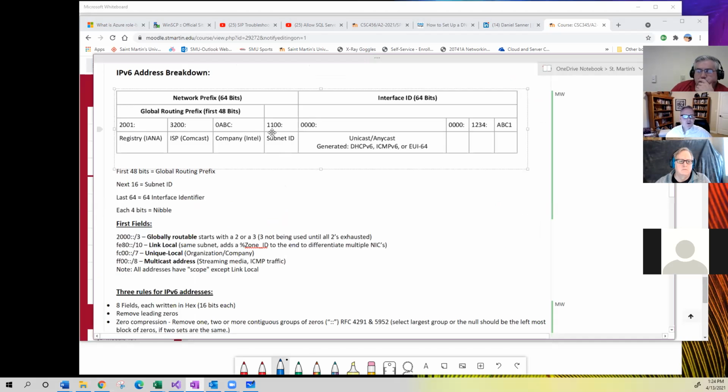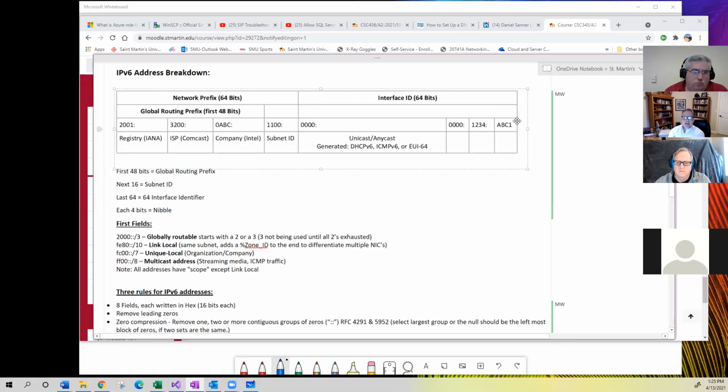The next group is from 48 bits to 64 bits, because that whole first section is 64 bits. And then the interface ID on the end is always 64 bits. So once you have this networking segment, which includes a subnet mask, the whole rest of this 64 bits is the specific IP address for that node.